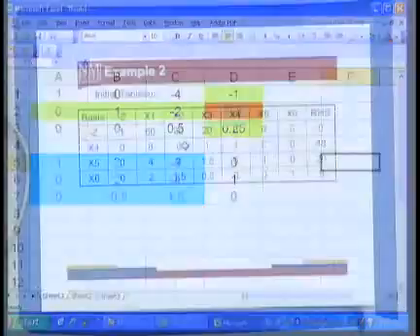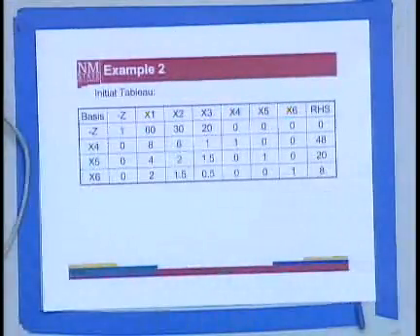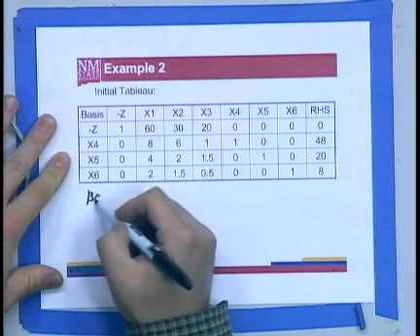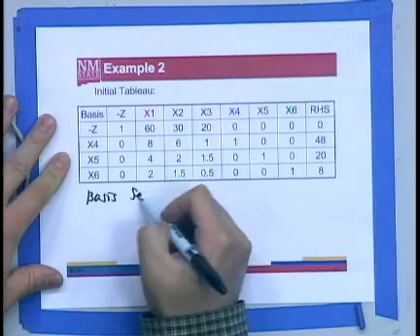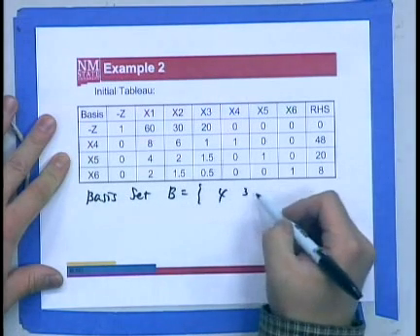So we have a new basis set. B is 3, 4, 3, 1.